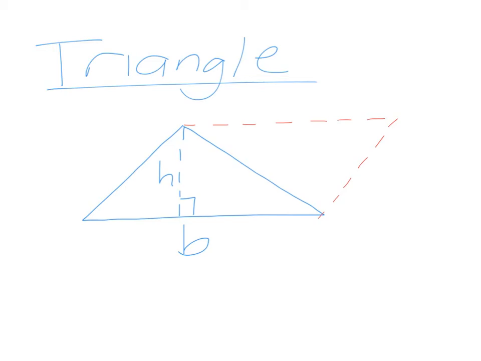That was a congruent triangle, so that means that the triangle is actually half the parallelogram. So that means the area of the triangle would be base times height divided by 2, because the triangle is half the parallelogram.